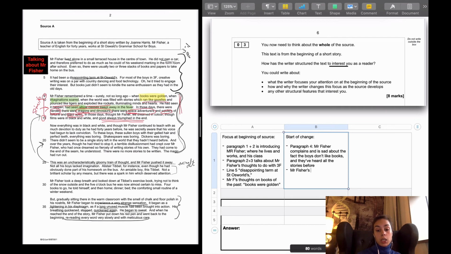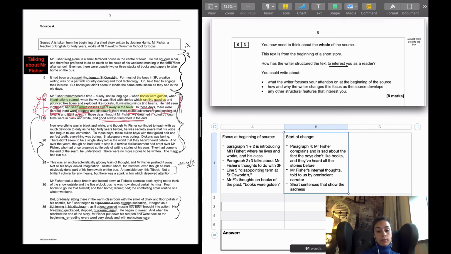Mr. Fisher's internal thoughts told to us by omniscient narrator. Let's see what else. Short sentences that show the sadness Mr. F feels.